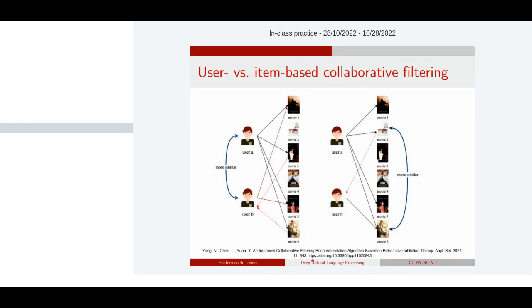Or you can look at the item-level similarities and try to infer: if user A has rated movie 2, and I'm another user, user B, who would like to watch movie 6, and these two movies are similar, then I can recommend to user B movie 2 because of the similarity between movie 2 and movie 6.